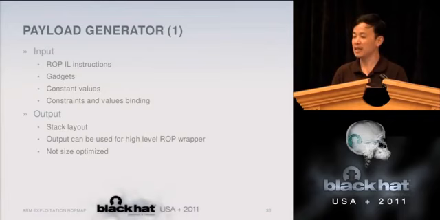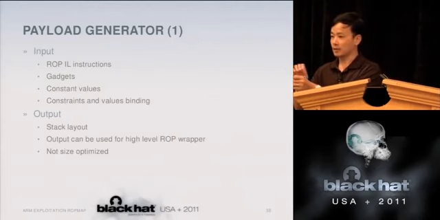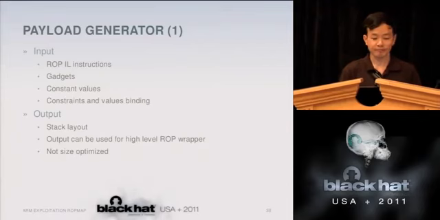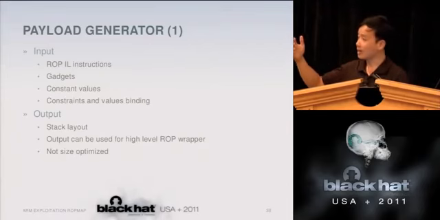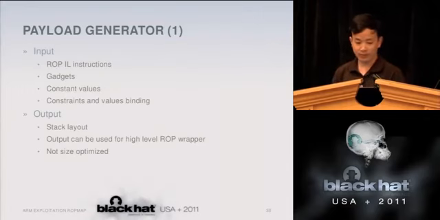If you have to build the payload manually, you still have to spend lots of time putting the right values in your payload, right? So here we create a payload generator with input from the ROP instructions, or it can be gadget instructions.